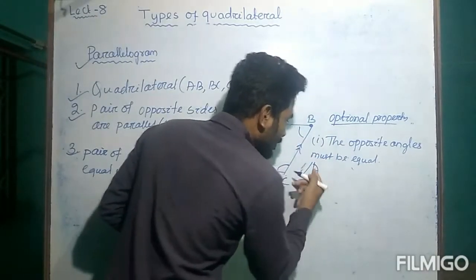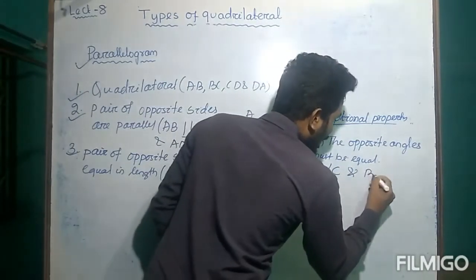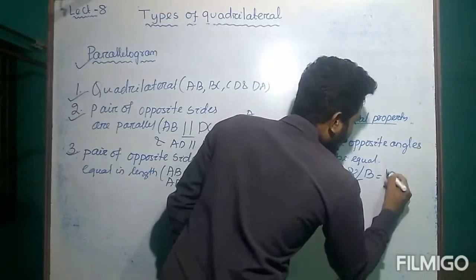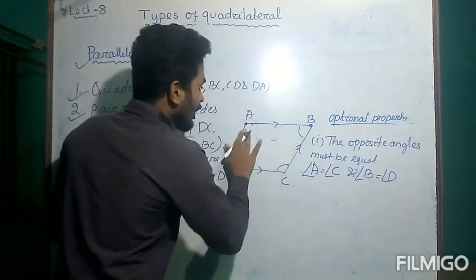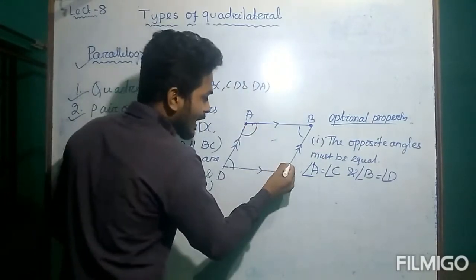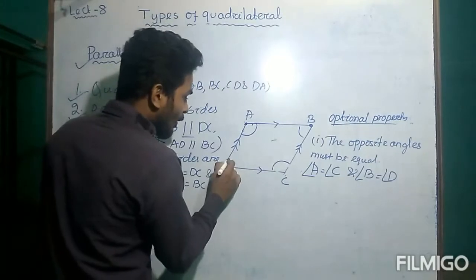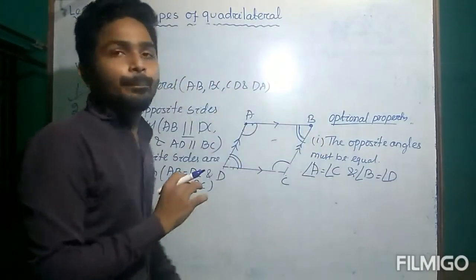Angle A, this is the symbol of angle, is equal to angle C and angle B is equal to angle D. So for symbolical representation you can write like this: angle A and angle C are equal, angle D and angle B are equal.